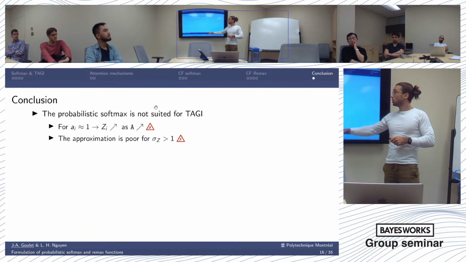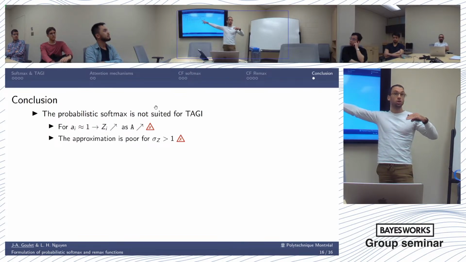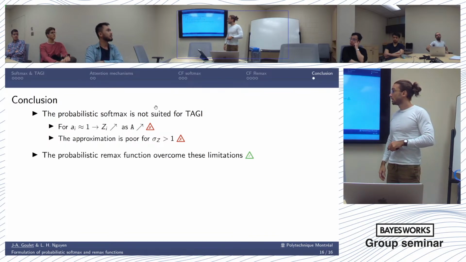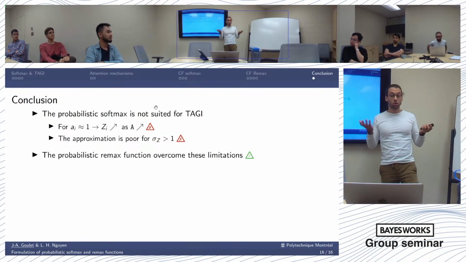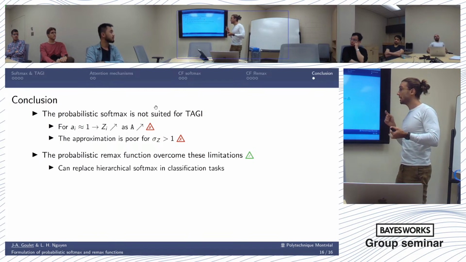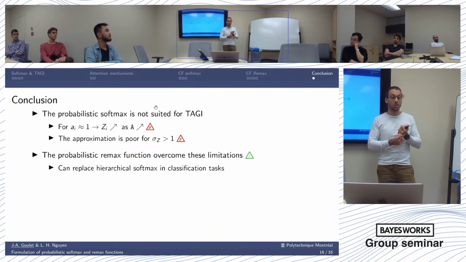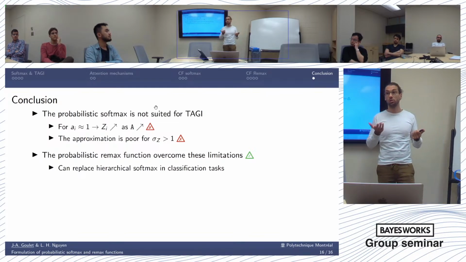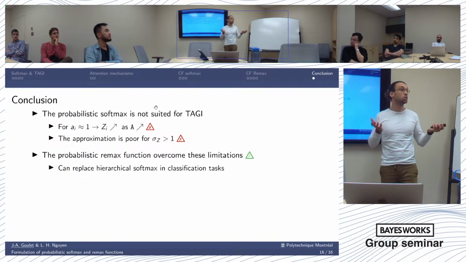And whenever the uncertainty on Z is large, you want to chase large values, the exponential formulation is going to break down. So the probabilistic remax function solves those limitations. It can replace the hierarchical softmax in classification tasks. From the preliminary results that we got, it doesn't outperform what we currently have, but it can be a substitute.